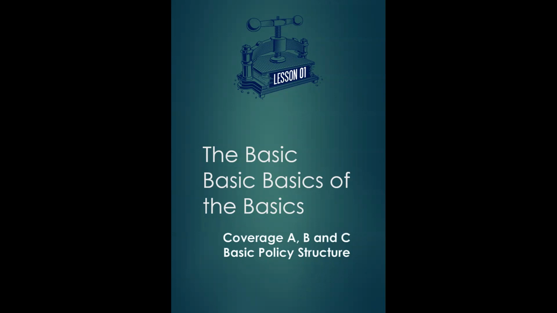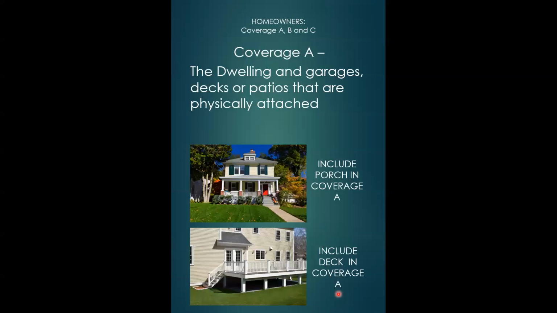Car insurance, for example, is organized into liability, comprehensive, collision, uninsured motorist, towing, rental, etc. Separate coverage parts, each giving you certain benefits under their own terms and conditions, and then they function as a whole to provide you with a program of insurance, but always individual coverage parts in play. And homeowners is no exception. Coverage A, coverage B, and coverage C. That's how the policy's basic structure is set up.